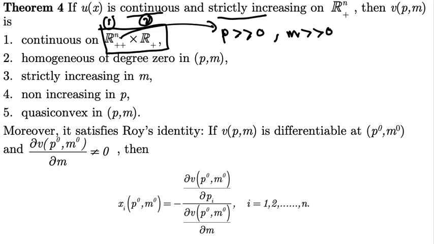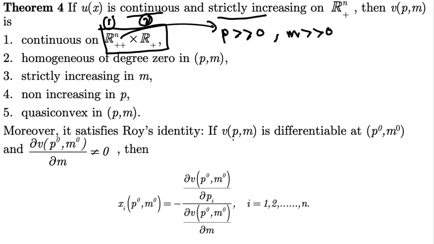Okay, so number 2, the indirect utility function must be homogeneous of degree 0 in price and also income. Number 3, strictly increasing in income. Number 4, non-increasing in price. Number 5, quasi-convex in price and also income. And lastly, it must satisfy Roy's identity.